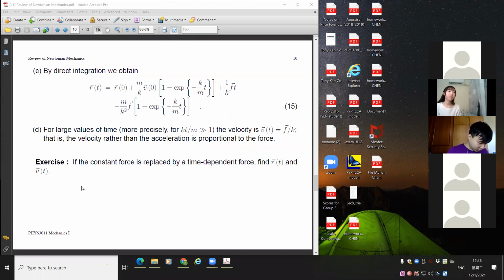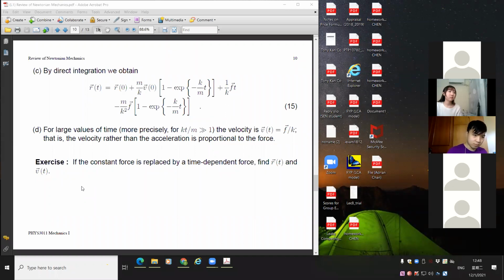Here is an exercise. If the constant force in this problem 5 is replaced by a time-dependent force, please find r(t) and v(t).